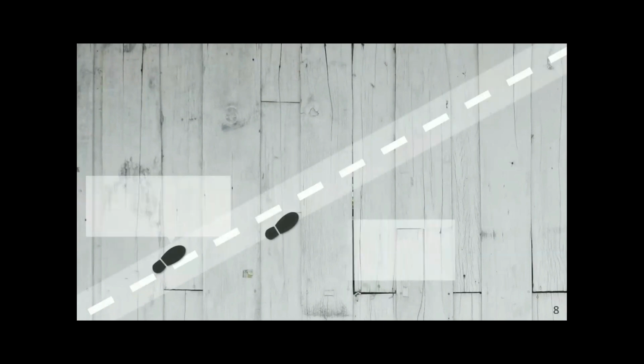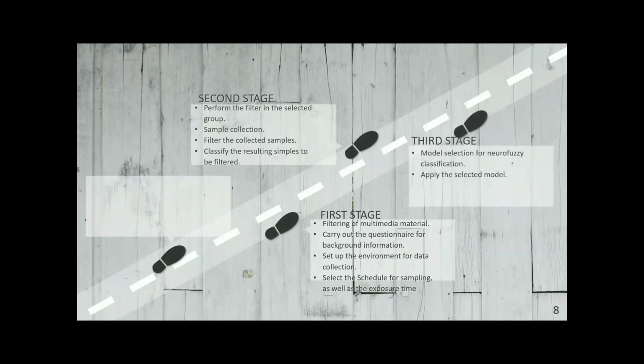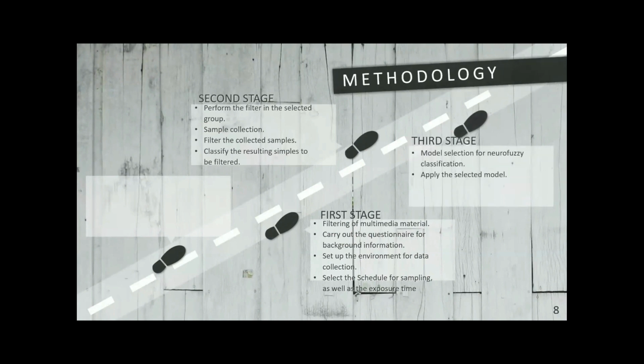After that, we have the methodology that we used from this paper. We collected in three stages. The first one was filtering of multimedia material, the clips in this case that we used to provoke the emotions.